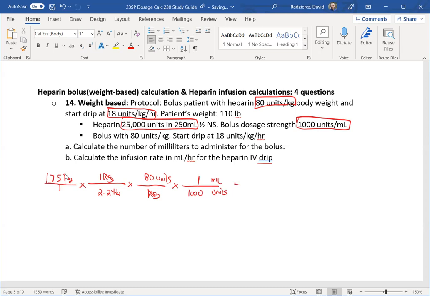I'm going to type that into my calculator. 175 times 80, divide by 2.2, divide by 1,000. And I'm going to get 6.36 repeating. So my answer would be 6.4 milliliters.